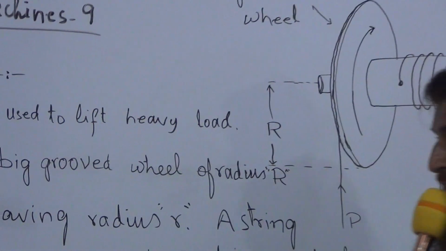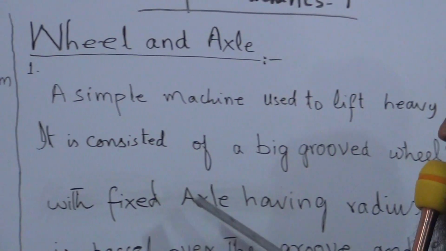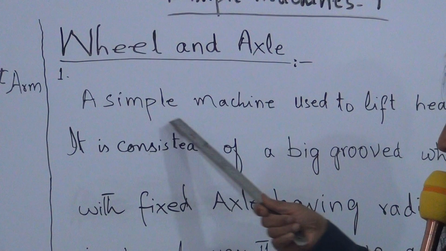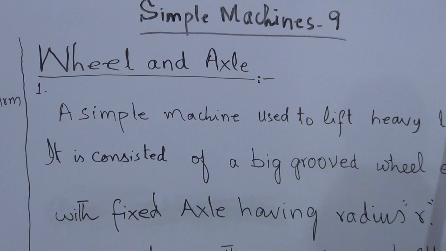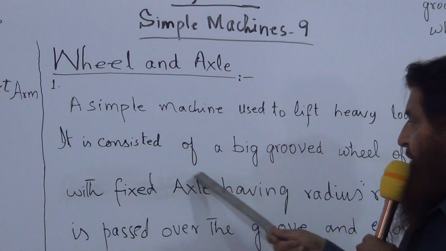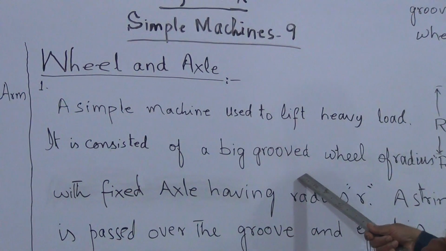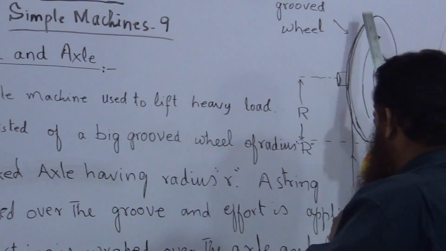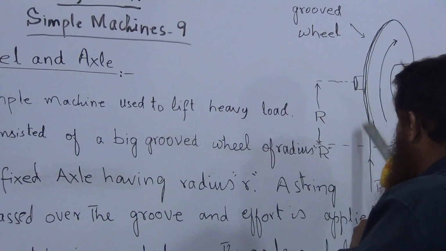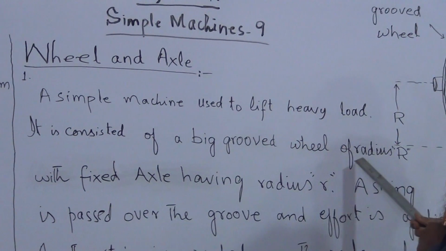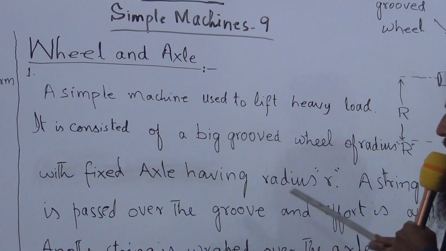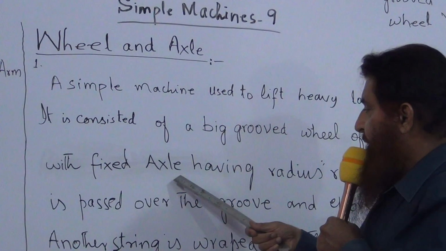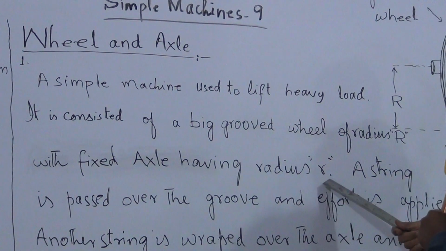Now come to the definition. We can define it as a simple machine used to lift heavy loads. It consists of a big groove in which a rope or string is passed over, a wheel of radius capital R with a fixed axle having smaller radius.